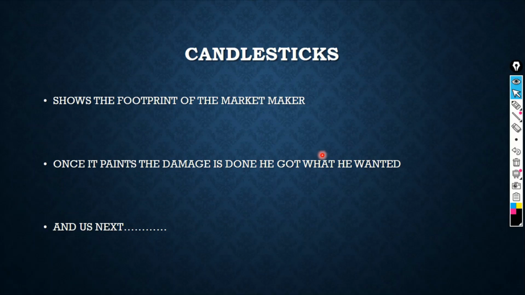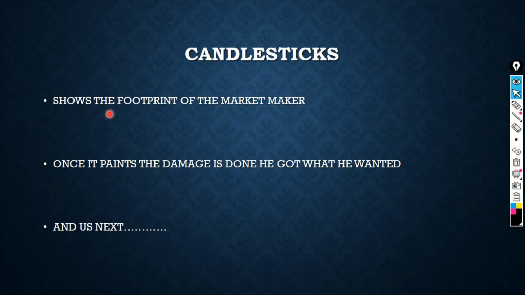Okay, so based on candlesticks, what's the definition of a candlestick? A candlestick is a representation of price movement within a period of time. If you don't know that, I have a video where I explained candlesticks, so go and watch it. The candlesticks show the footprint of the market maker, what the market maker has been doing. When the candlestick paints, the damage is already done.